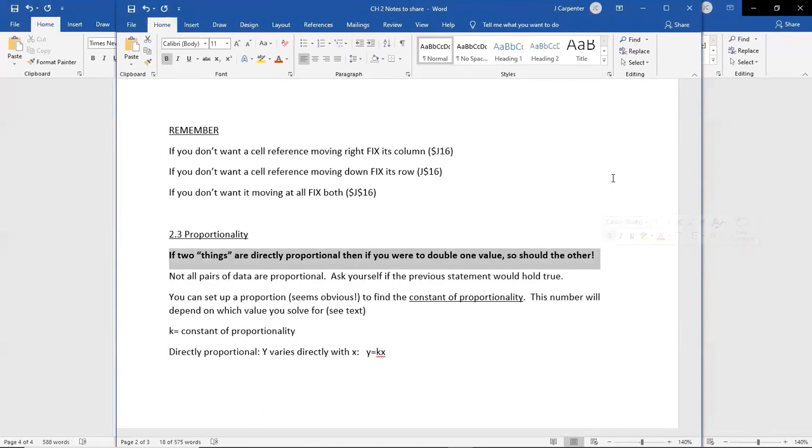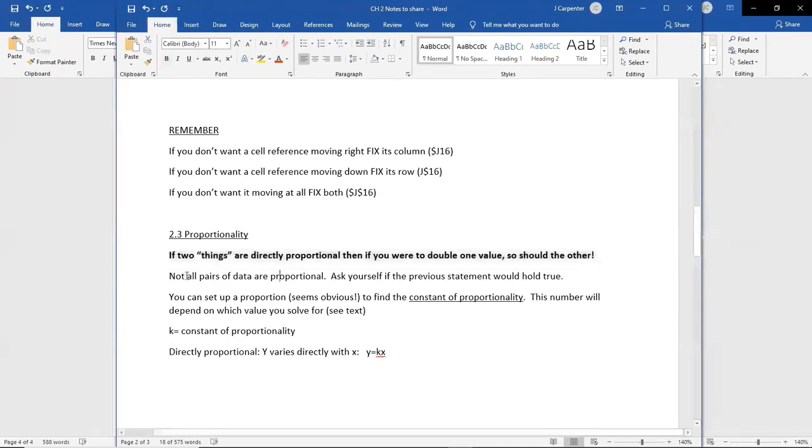A lot of times when we speak math, we drop some words because they're understood implicitly. It's implied. So all the types of proportionality we were studying back in 2.1 were saying that if they were directly proportional, if one thing doubles, the other thing should double. That is the base concept of direct proportionality.